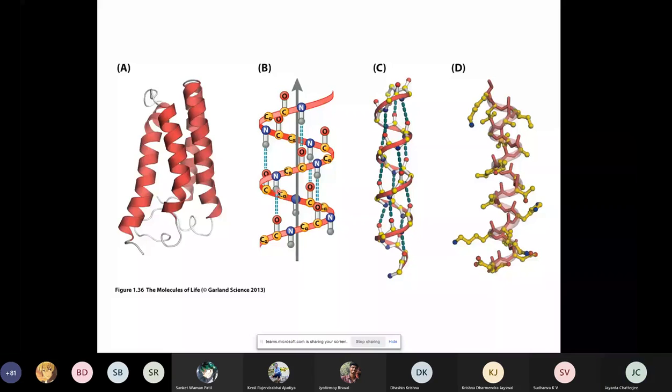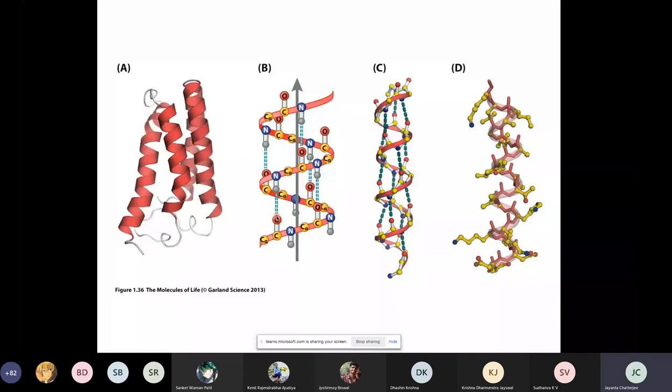Let's count from here: oxygen, 1, 2, 3, 4, 5, 6, 7, 8, 9, 10, 11, 12, 13. So there are 13 atoms which encompass a single turn, including the hydrogen bond, in an alpha helix. And as I said, in a single turn you have 3.6 residues. So technically an alpha helix can be called a 3.6-13 helix.